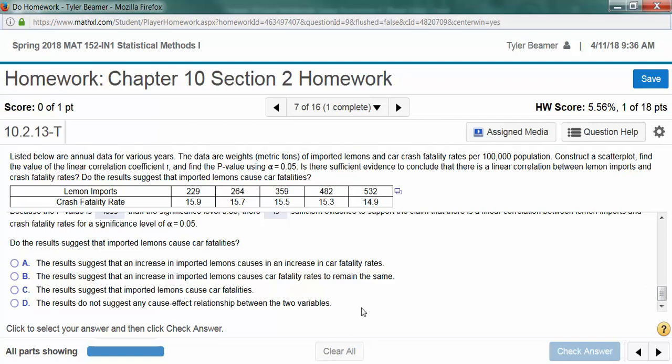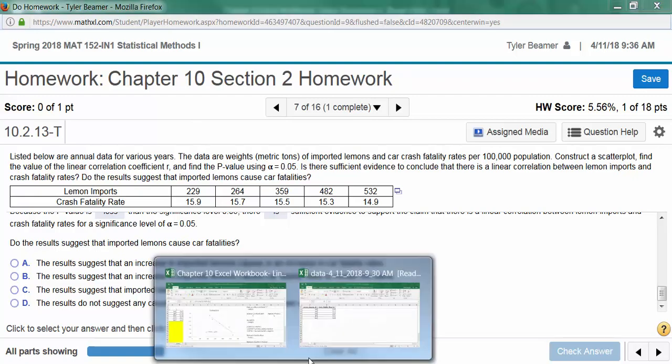Since it's definitely not A, it's definitely not B. It's definitely not C, because our data has a negative linear correlation, right?